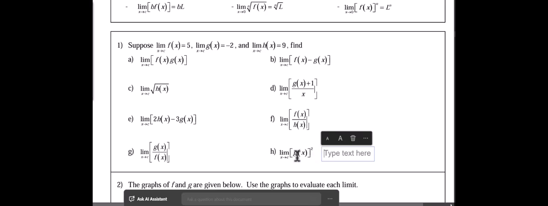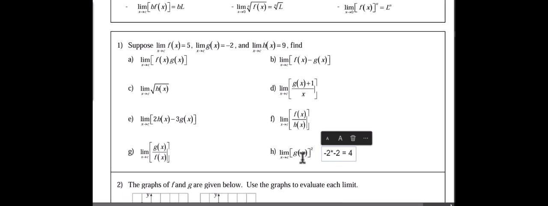One of them was the limit as x approaches 0 of f of x squared equals 36, and that would be true because the rules of limits tell us that if the limit as x approaches c of g of x is -2, then this would equal -2 times -2, which would equal 4, because the limit of f of x times g of x equals the limit of f of x times the limit of g of x.